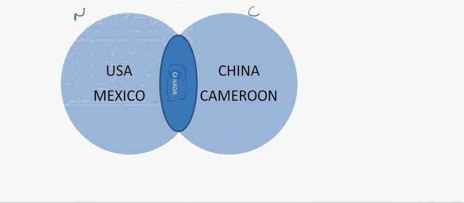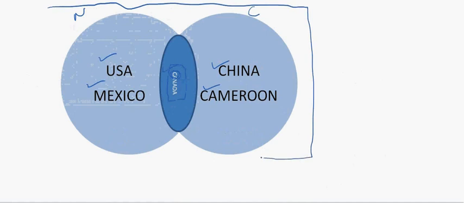If I say the union of these two sets, it will be all the countries: USA, Mexico, Canada, China and Cameroon. Now there is one more thing with respect to sets. Whenever we are defining a set in a Venn diagram scenario, there is a universal set on top of it.